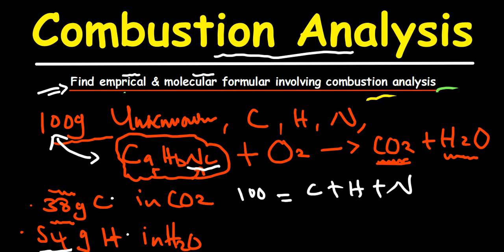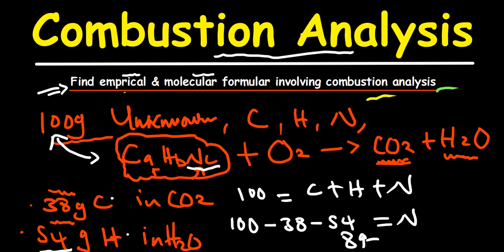Nitrogen. So for us to find the mass of nitrogen, we're just going to say this is 100 minus the mass of carbon minus the mass of hydrogen, and then this is going to be equal to the mass of nitrogen. So when you subtract there, you are going to get 8 grams as your mass of what?